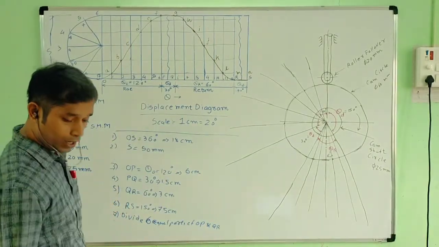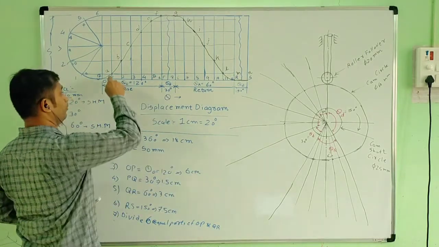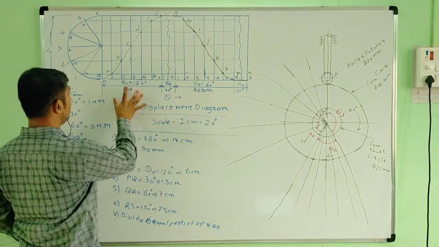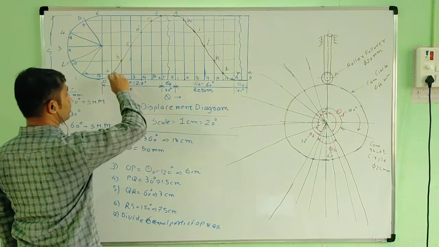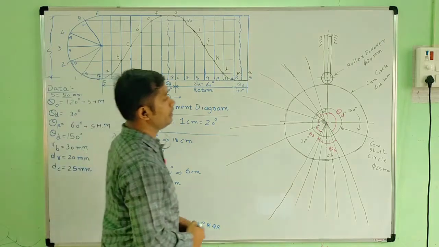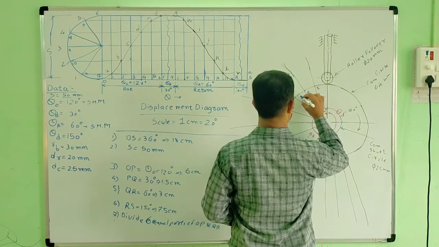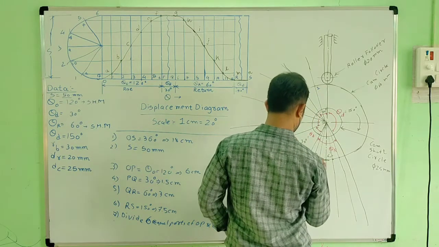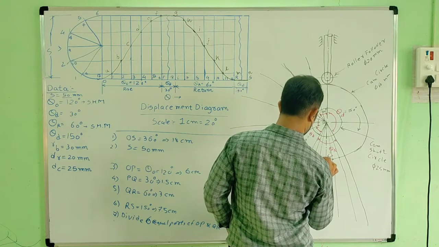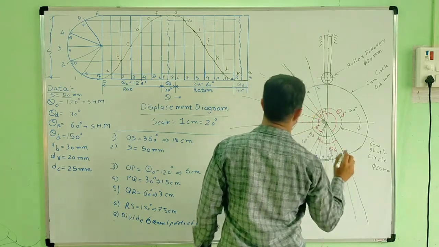you have to draw a ruler. Sorry, first of all make a point. 1A from the displacement diagram we have to measure using the divider. We will measure 1A with the divider and first of all give the numbers 1, 2, 3, 4, 5, 6, 7, 8, 9, 10, 11, 12.